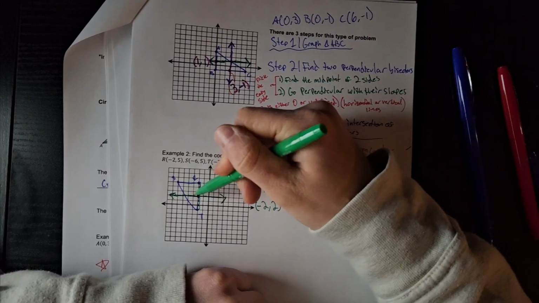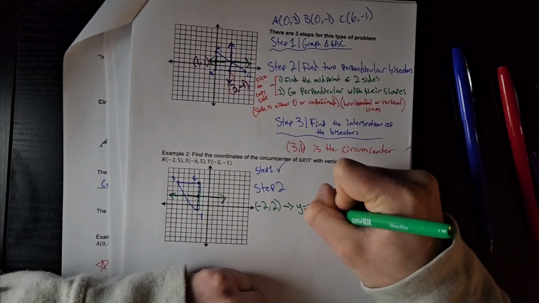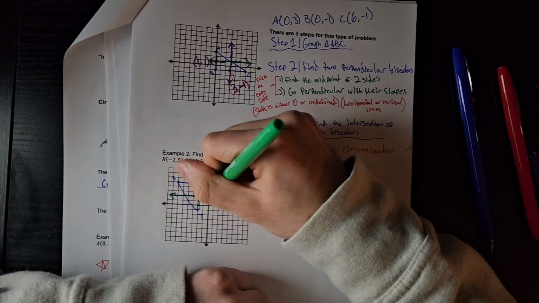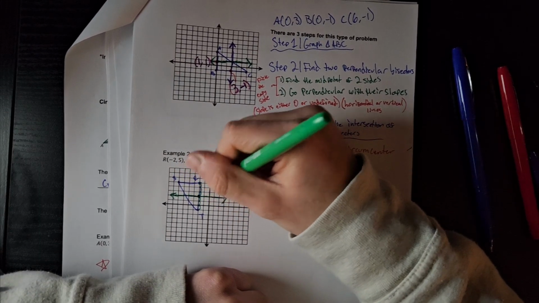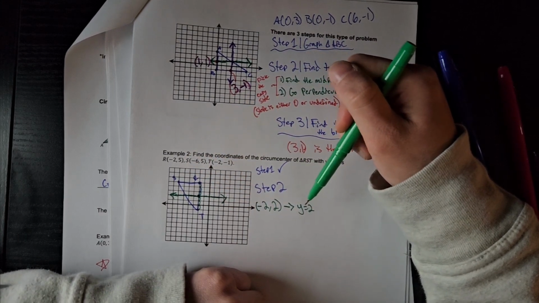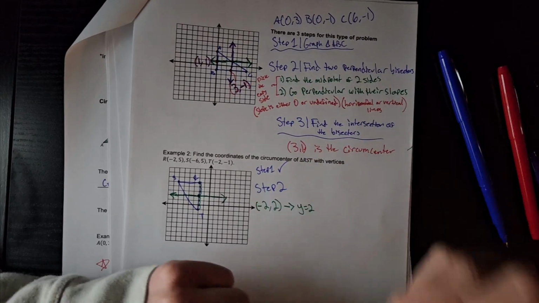And it looks to be on y equals 2. Because all of these values on this line will be y equals 2. So your perpendicular bisector, that actual equation would be y equals 2. And that's all you need to do with that one.